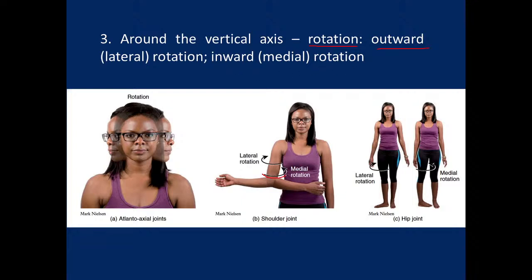Here you see the inward rotation, which means pronation, and lateral rotation, which is called outward or lateral rotation. Lateral and medial rotation, both of them are possible in the shoulder joints, in the atlantoaxial joints, and in the hip joints as well.